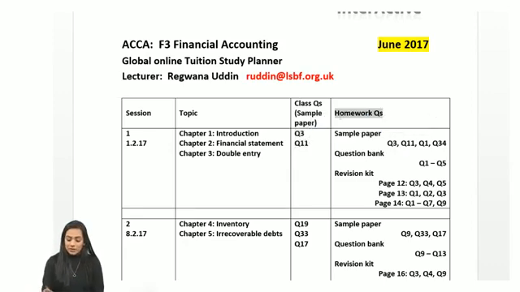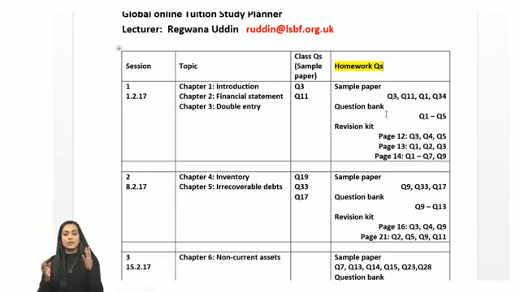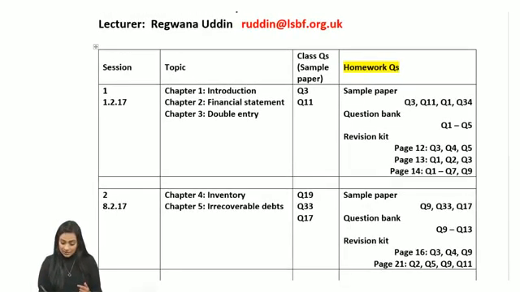And here is the most important column of them all, the homework column. Every week I'll be setting homework relating to what we've done in class that particular session. So today we're doing chapters 1, 2 and 3, and I am going to be setting homework on chapters 1, 2 and 3.